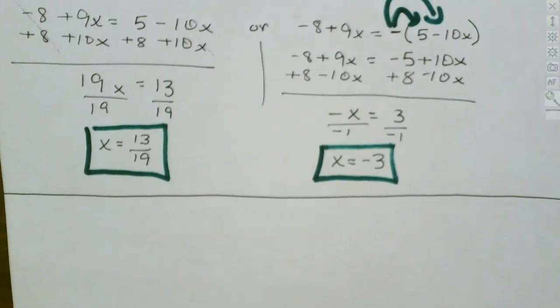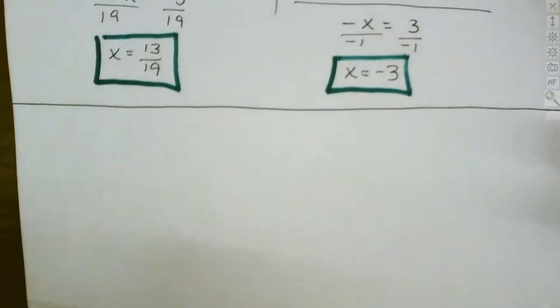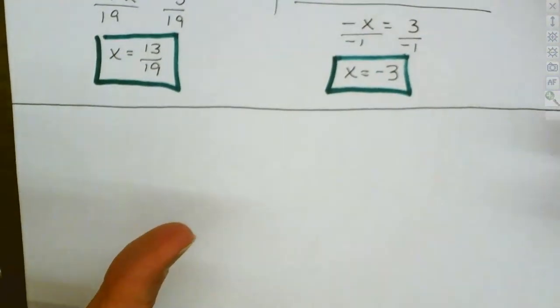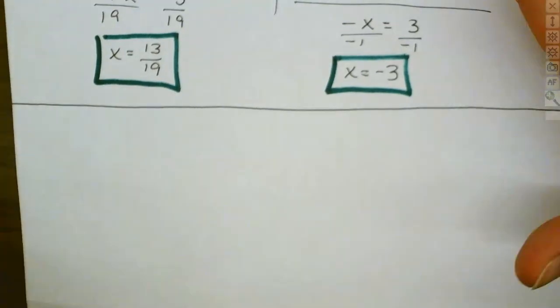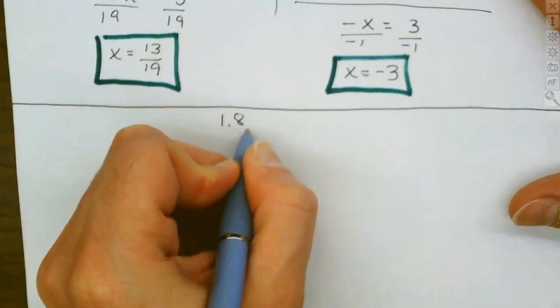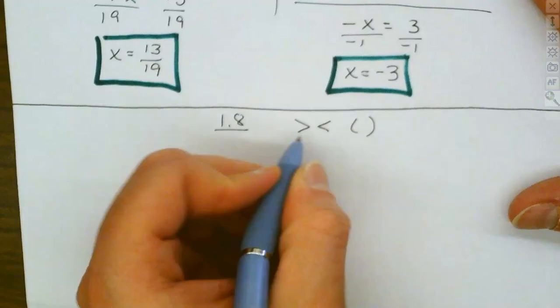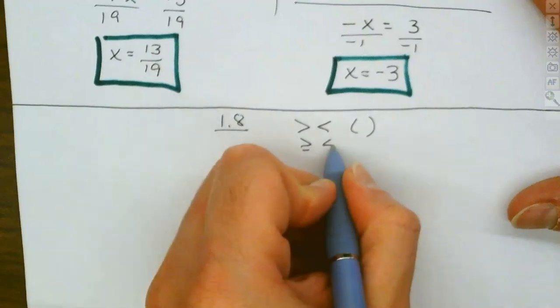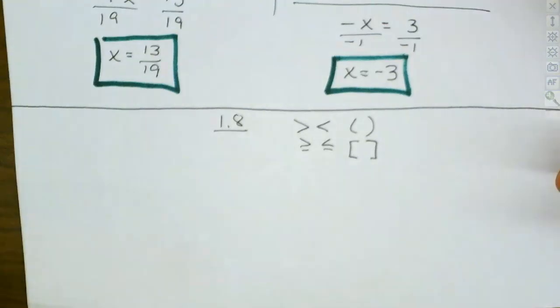And today we're going to be talking about the inequalities. These are not difficult as long as we remember where to shade. Again, greater than, less than, those get parentheses. Greater than or equal to, less than or equal to, well, those again are going to get square brackets.